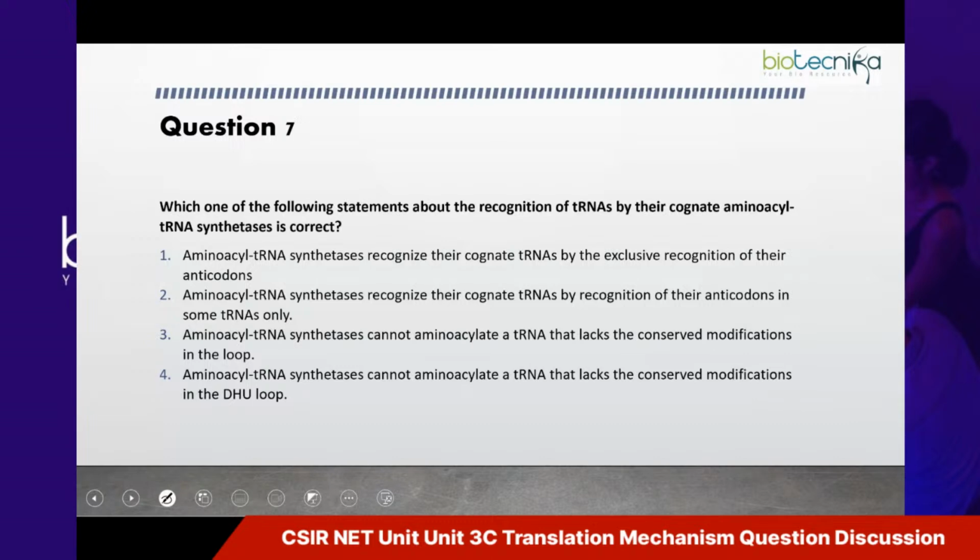Aminoacyl-tRNA synthetases recognize their cognate tRNA by recognition of their anticodons in some tRNAs only. Aminoacyl-tRNA synthetase cannot aminoacylate a tRNA that lacks the conserved modifications in the loop. And aminoacyl-tRNA synthetase cannot aminoacylate a tRNA that lacks conserved modification in the DHU loop.